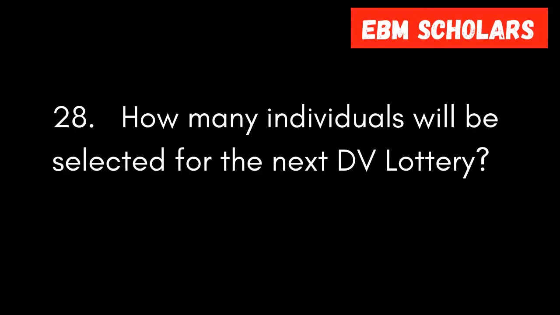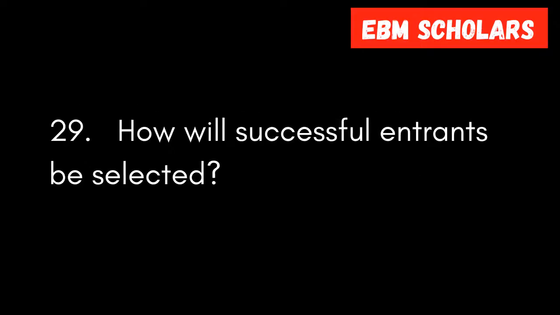Others check the results, go to the interview, don't meet the qualifications and are denied, or they lied that they don't have children when they do, and they lose. That's why they have a backup of people. So there's no fixed number of people being selected. They take more people, but usually the minimum is more than 120,000 in many years. The number of visas at the moment is 55,000.